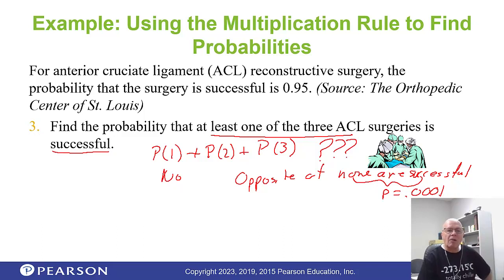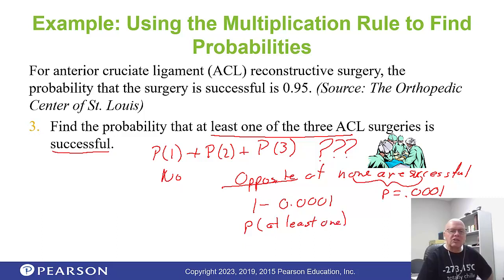Since this is the opposite, then we'll take 1 minus 0.0001, and that'll be our probability that at least one was successful. And do the arithmetic, and there's the chance that at least one is successful tomorrow morning.